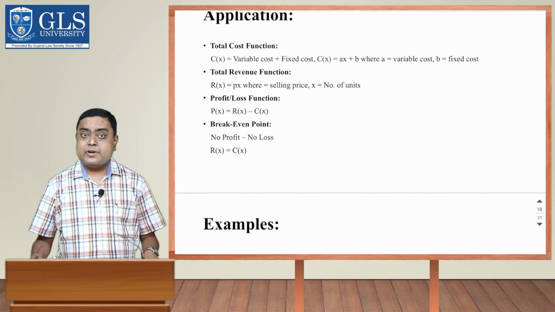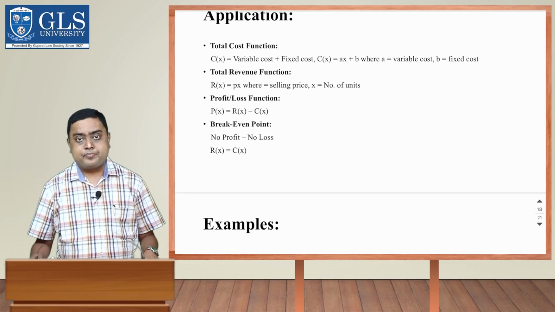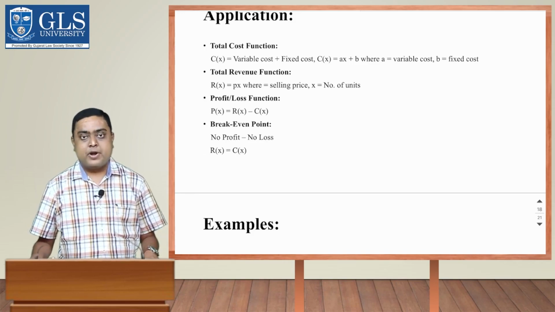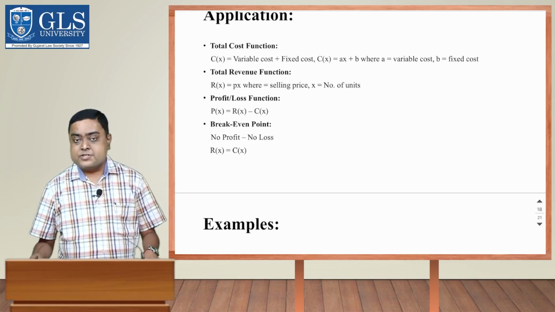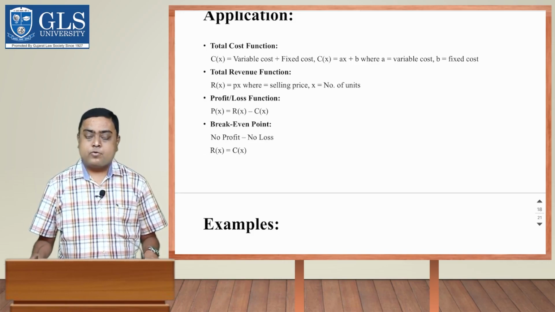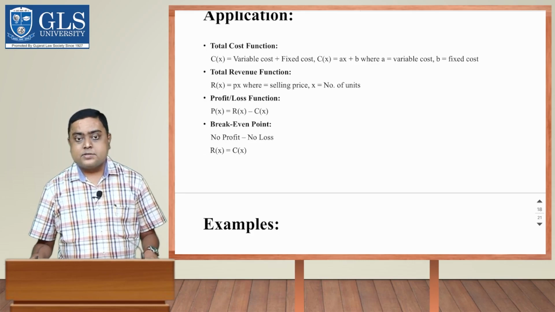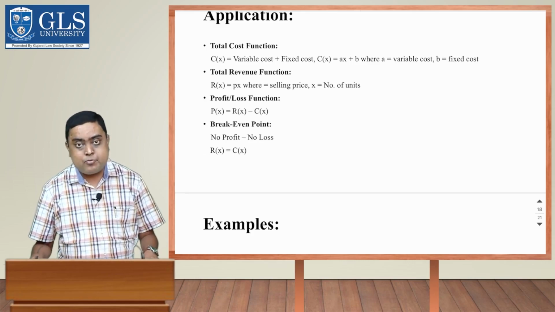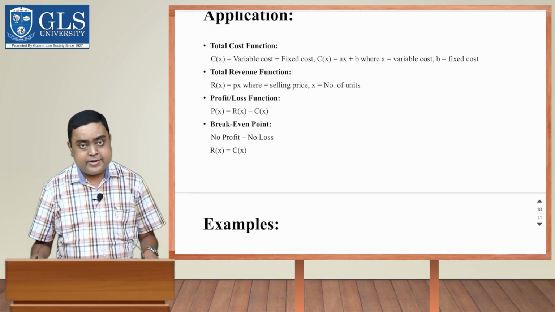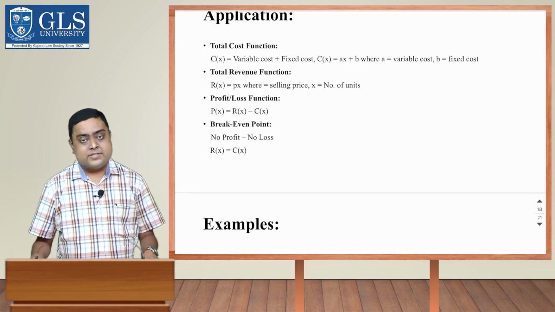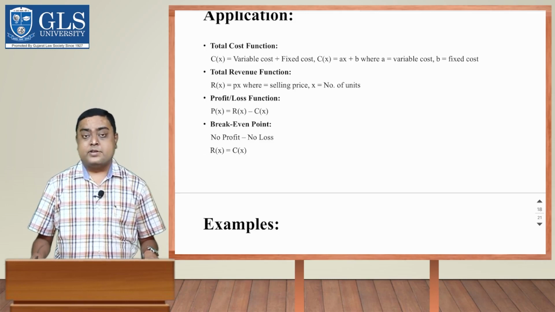When we subtract the total cost from the total revenue, we find the corresponding total profit or loss. If this function gives a positive value, then it is profit, and if this value is negative, then it is said to be loss.